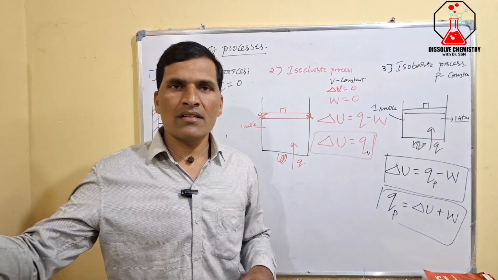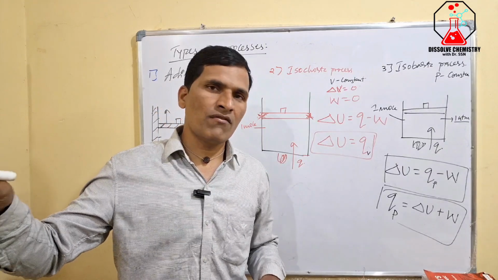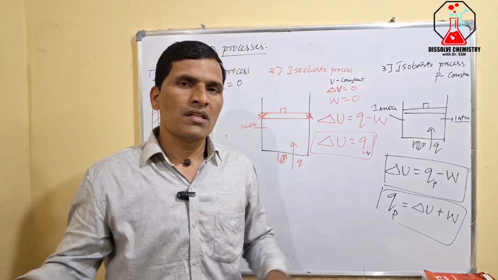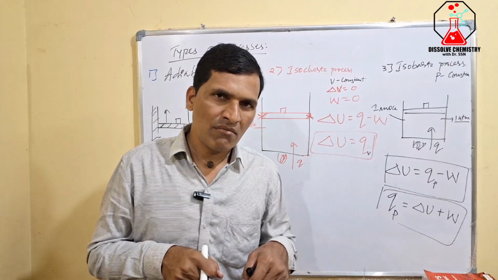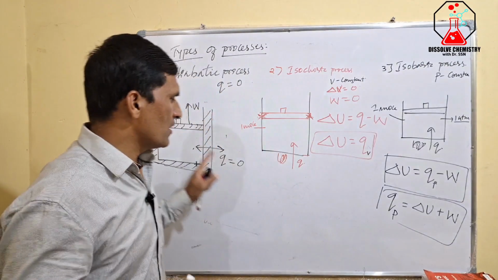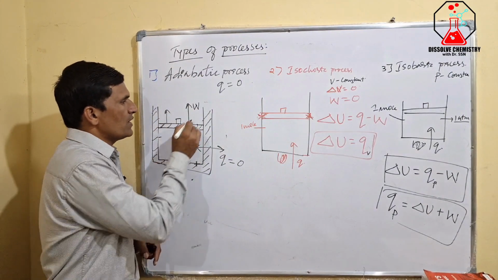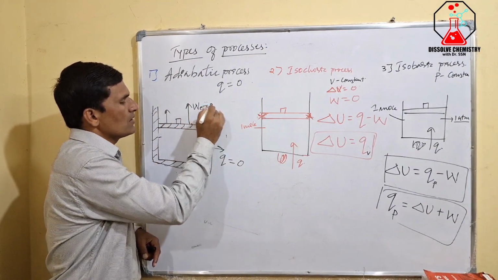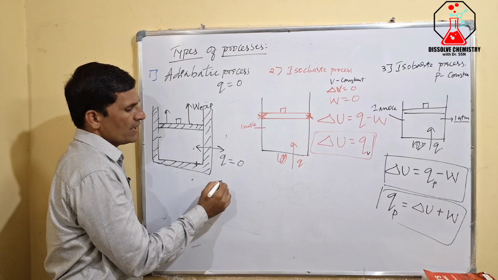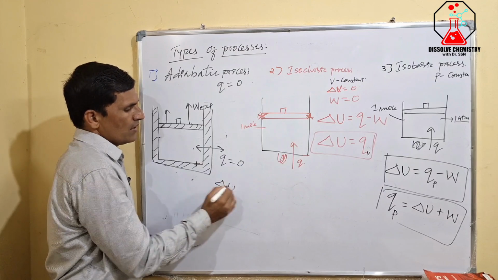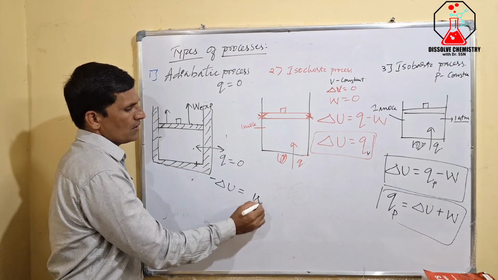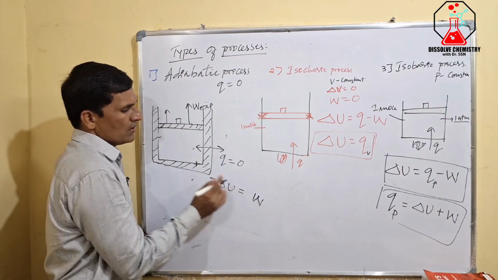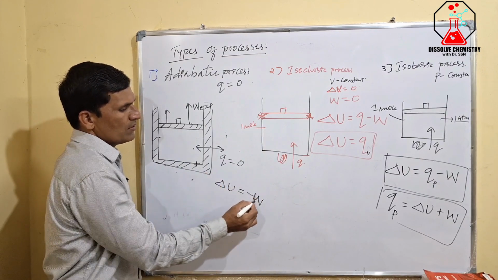It is like when an external source of money stops, then I have to utilize my bank balance. Similarly, here the system does expansion work, and what happens? Internal energy will decrease. Delta U will be minus, when work is done, or we call it minus W.